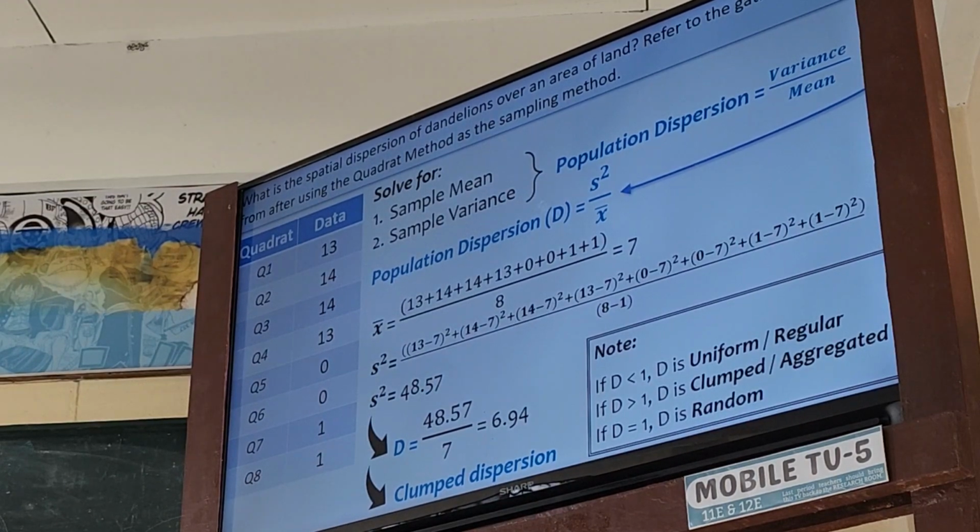For example, 13 M plus, and you see n is equal to 1. That means that's the first data. Then you type the next number, 14 M plus. n is equal to 2. Do that until you get n is equal to 8.